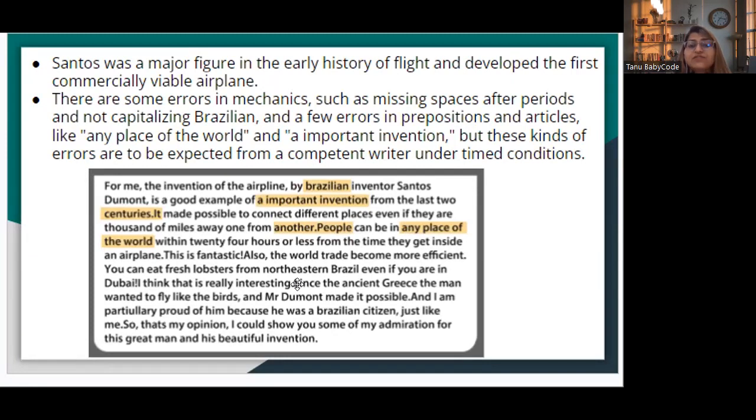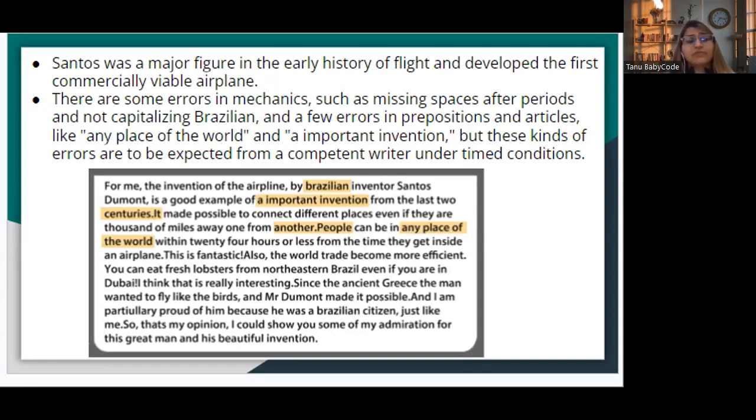But these kinds of errors are expected from a competent writer because you have certain time conditions. So these errors can be left behind and you can score 5 out of 5, right? If you are writing a response which is well developed and well organized.